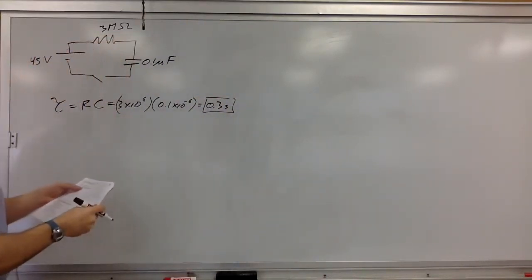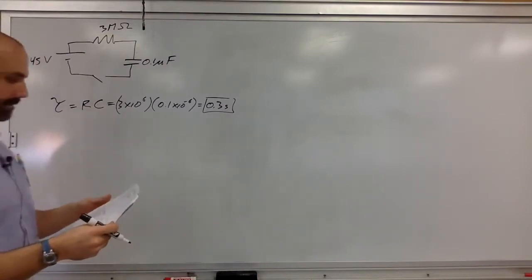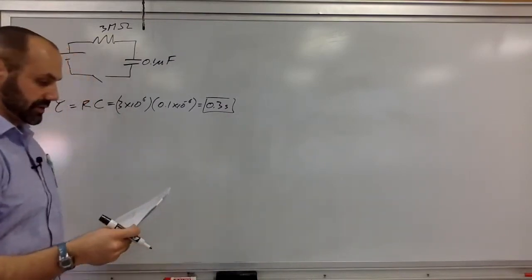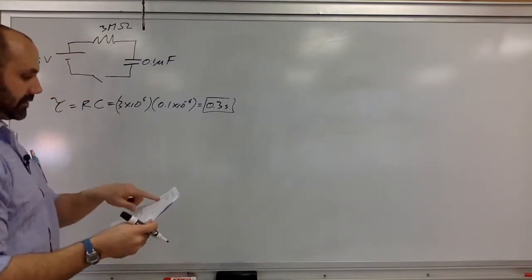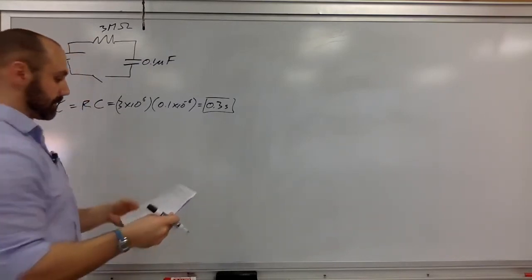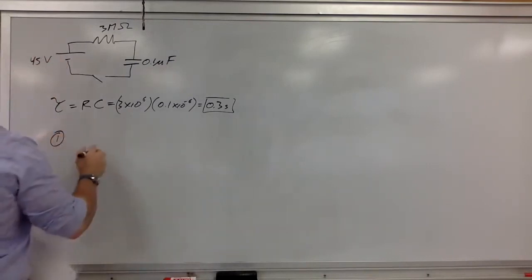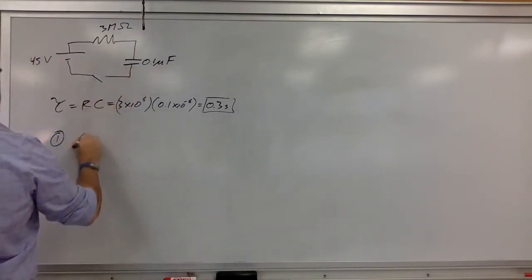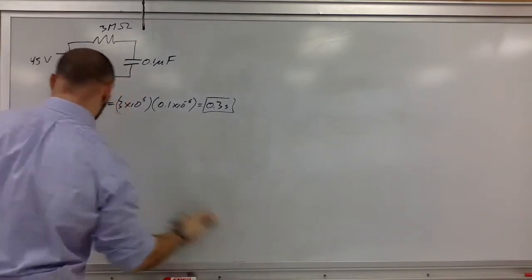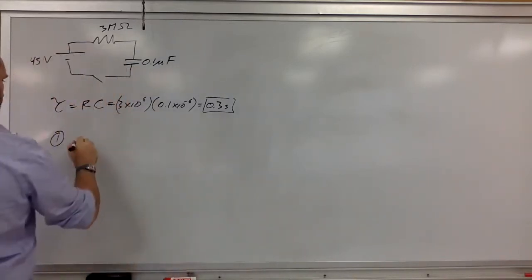Now I want to know the charge on the capacitor and the current through the resistor at these various times. The first one is after one time constant, so 1 is actually really easy. The charge on the capacitor, Q, let's write it this way.